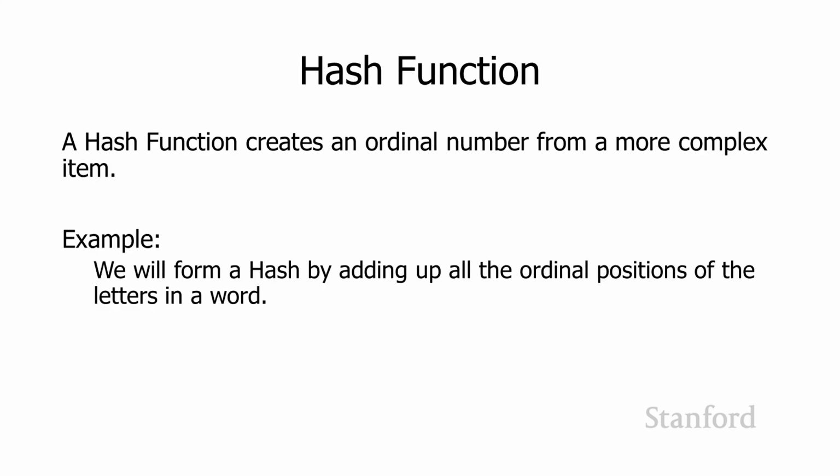All right, so as I mentioned, we're going to use something called a hash function. A hash function is going to create an ordinal number from a more complex item. In our example, we're looking at words in a table, but this technique can be used for other types of data other than just words. I'm going to use a simple hash here.